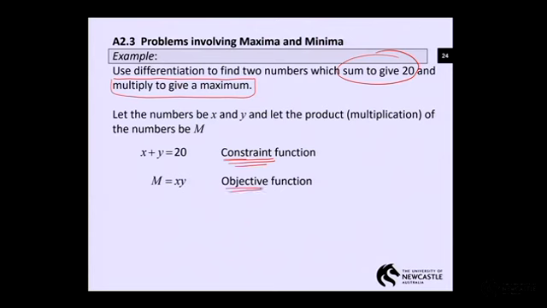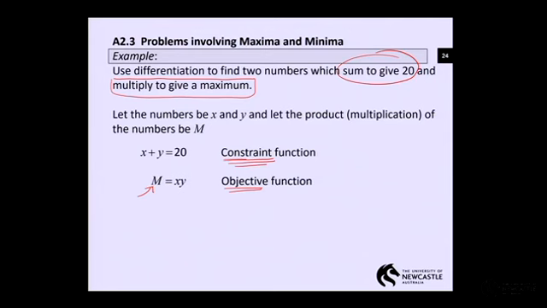Now what you'll notice is you are trying to maximize M. So I'll say this clearly: this is what you are trying to maximize. And what I used to do when I did all these questions, if that is your objective, M is equal to x times y, at this point you don't think anything's wrong.